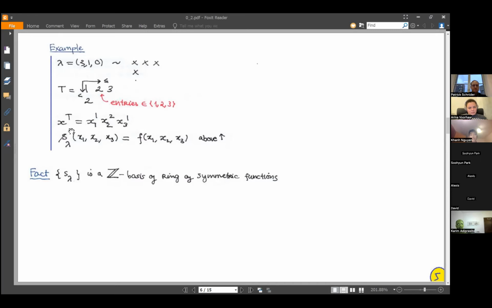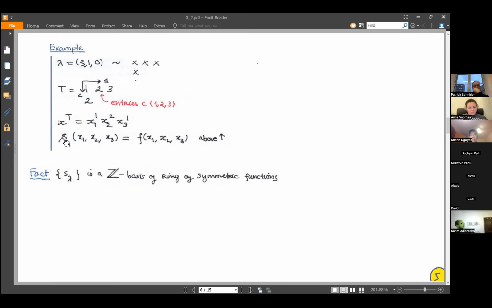Now suppose that we find the set of all semi-standard Young tableaux of shape lambda, and we find the set of all monomials x^T. When we sum them together, we get the Schur function associated to partition lambda.